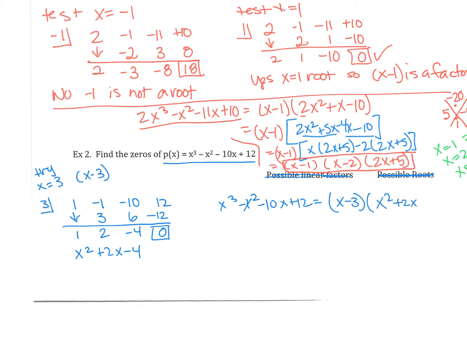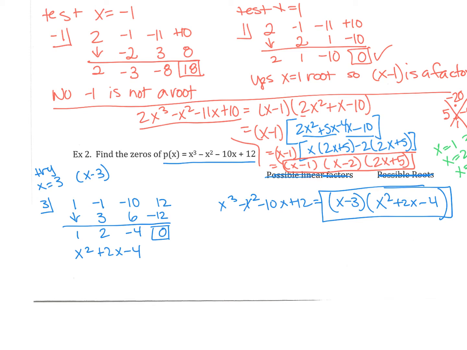But unlike my last problem, unfortunately, x squared plus 2x minus 4 doesn't factor. You could set up your diamond, but nothing multiplies to negative 4 and adds to positive 2. So first of all, this is completely factored. This is done. I can't simplify it anymore.